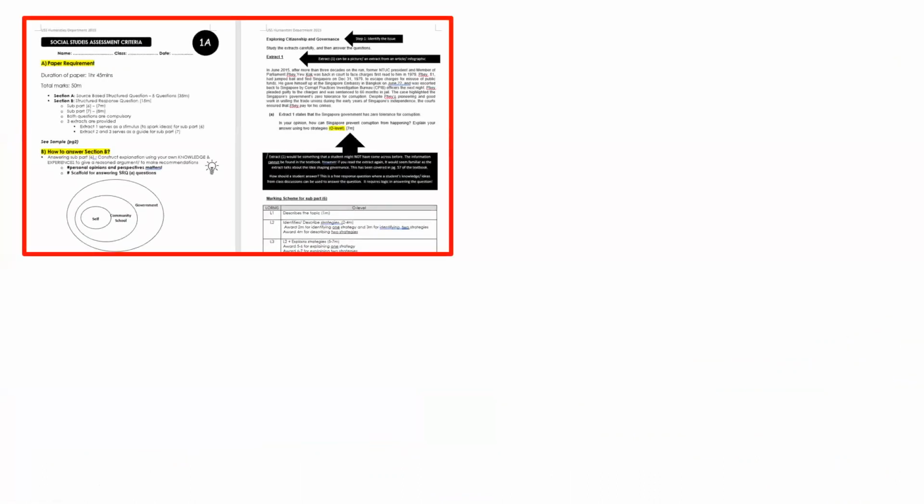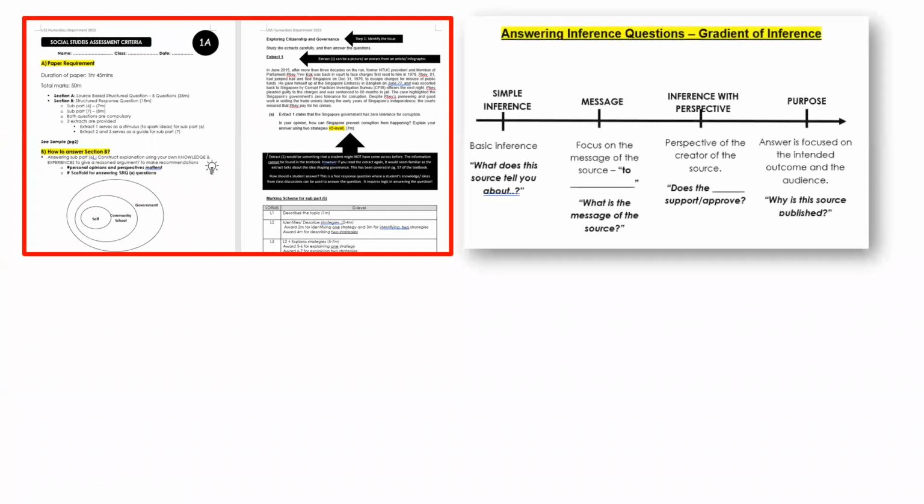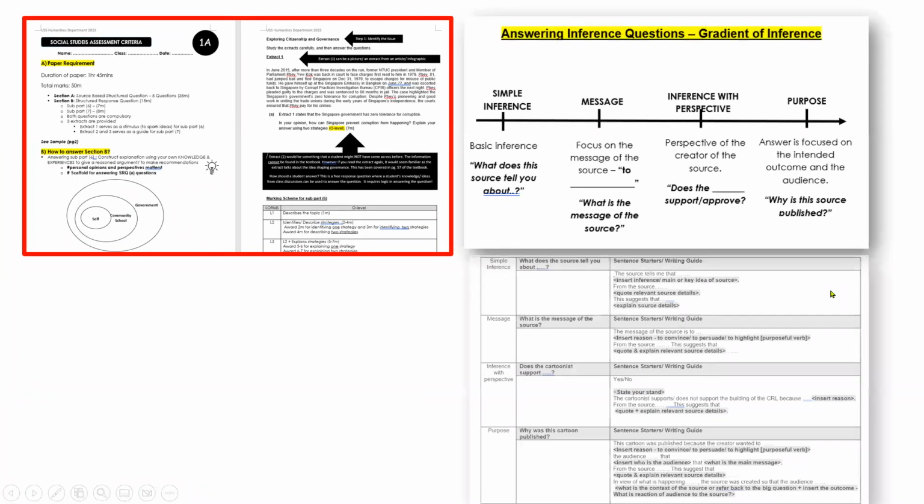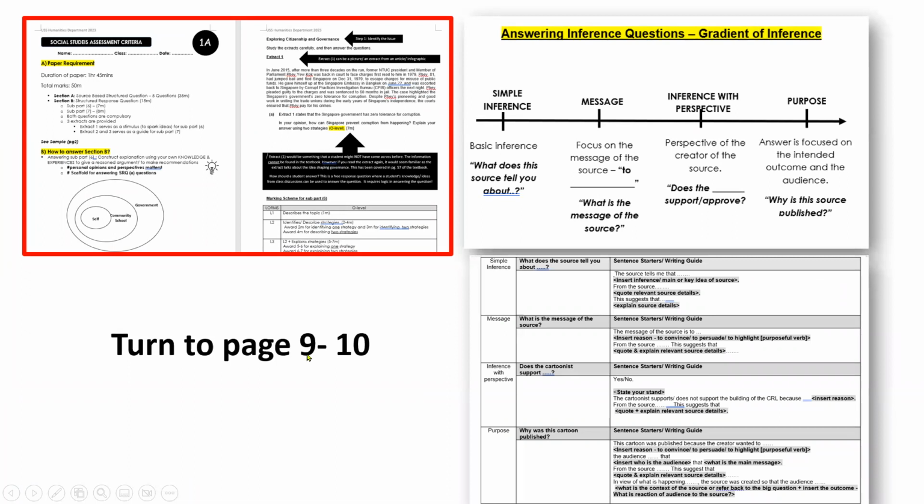Now, moving on. Going back to, again, worksheet 1A, we look at gradients of inference. You look at page 9 and 10, and on page 9 is actually just an unpacking of what it means by gradient of inference, whether it's simple inference, message, inference with perspective, or purpose.